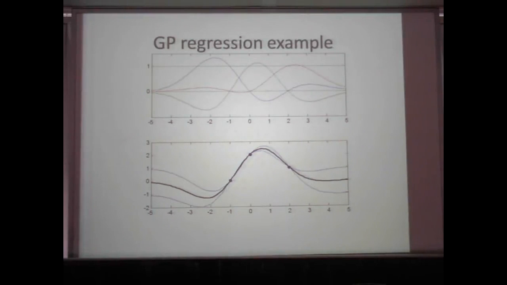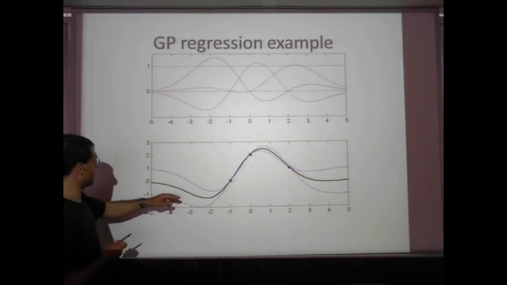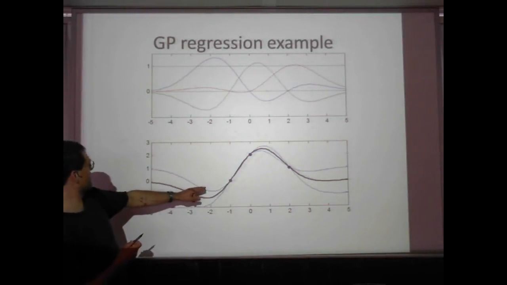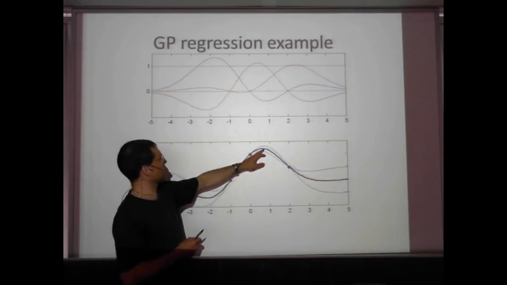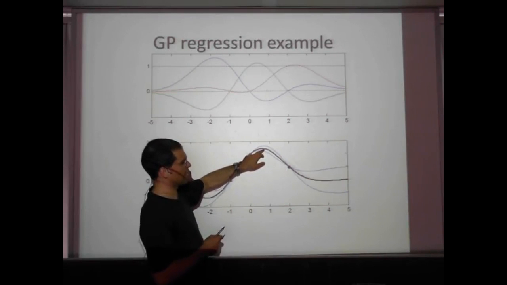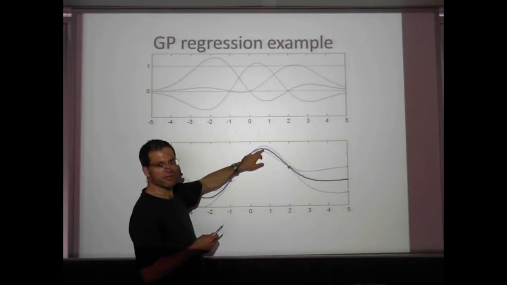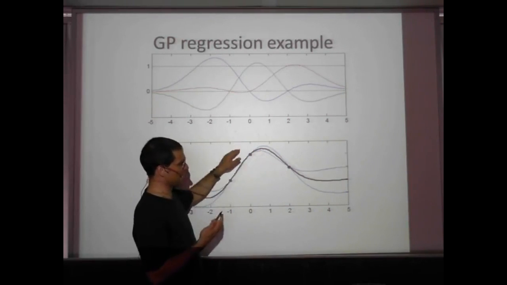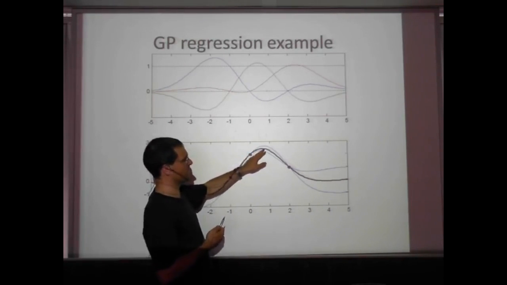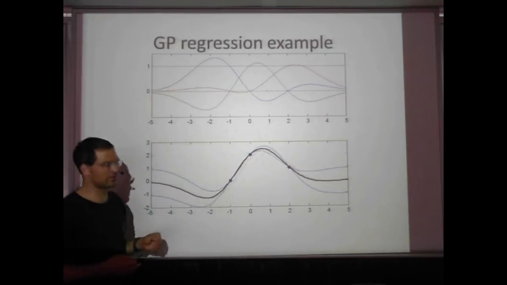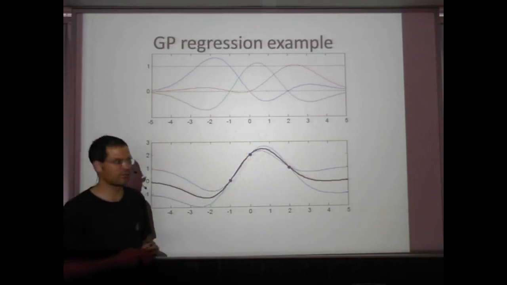If you look at this plot again, my observations here were, I think, 0, 2, and 1. But my prediction takes values larger than any of the ones that we have observed. So my prediction is really an extrapolation. I'm saying that I predict that in between there's a larger value than anything that you've observed. That's a quite courageous assumption to make.